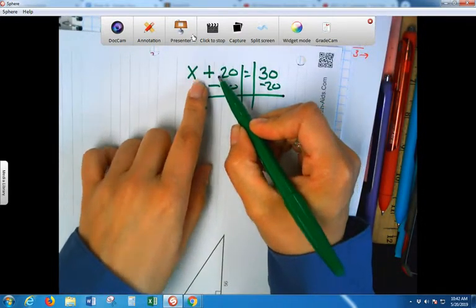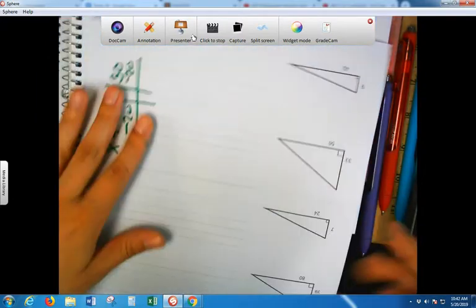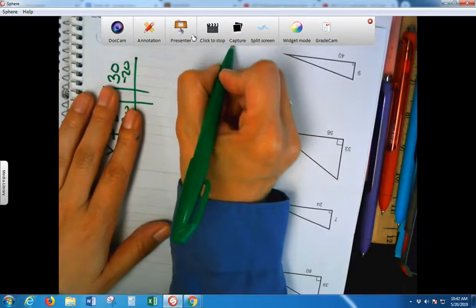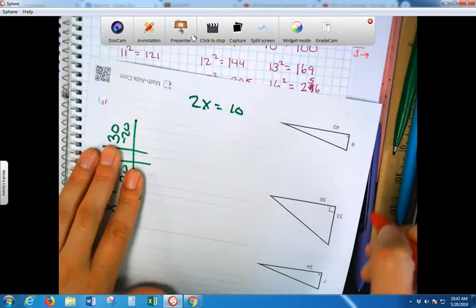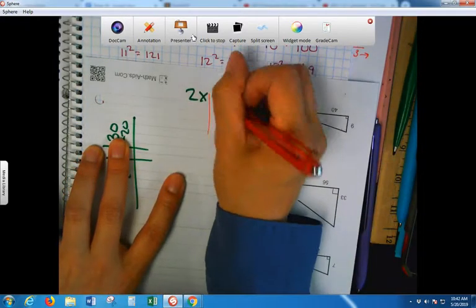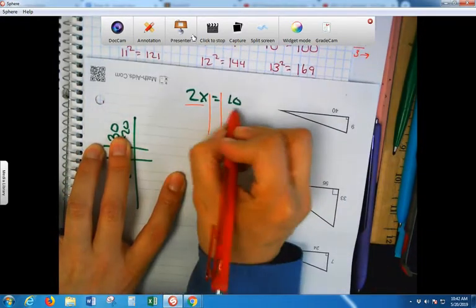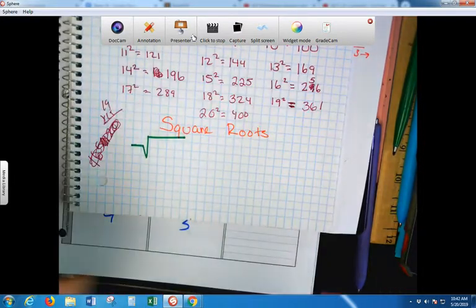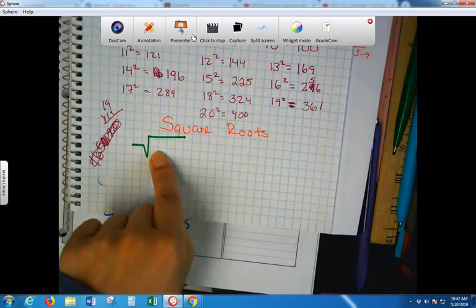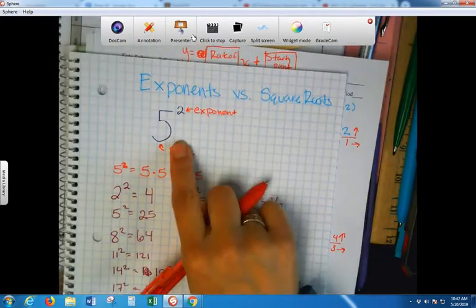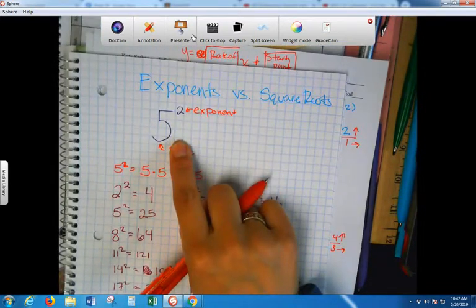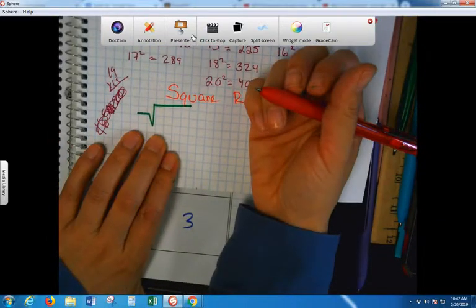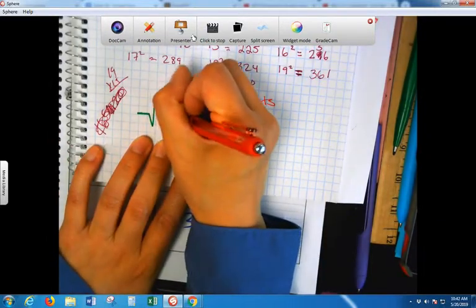So we did the opposite. What did you do mathematically? We divided by 2 because this means multiply, right? So, this is the opposite of this.